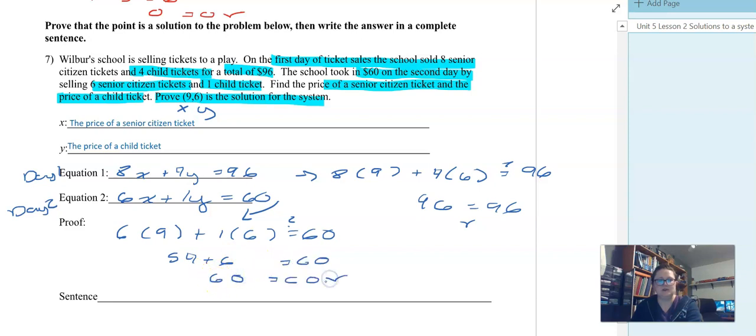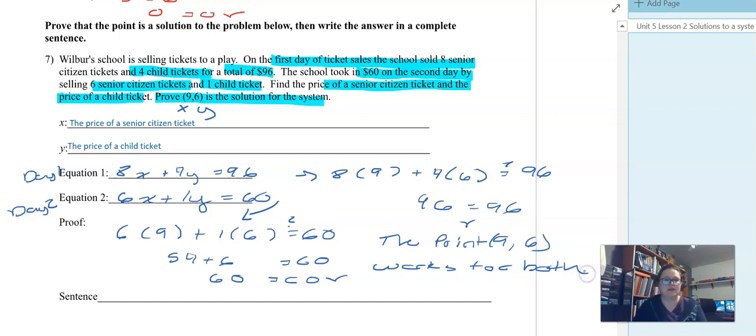So it does work. 9,6 works for both. Okay. Now, then it says, then write the answer in a complete sentence. So what you would write down here is the price of a senior citizen ticket is $9 and the price of a child ticket is $6.